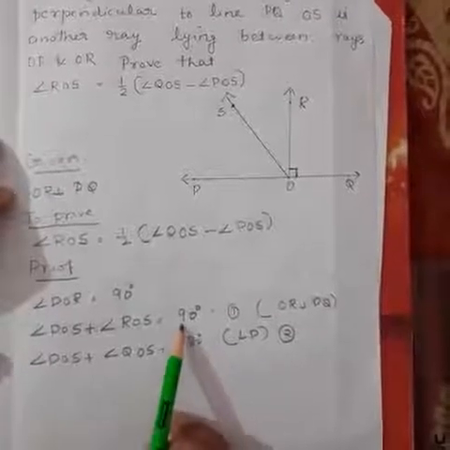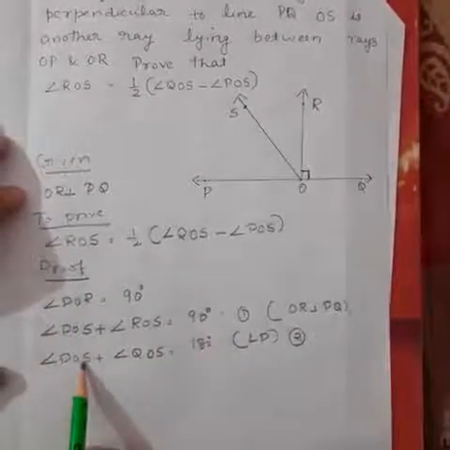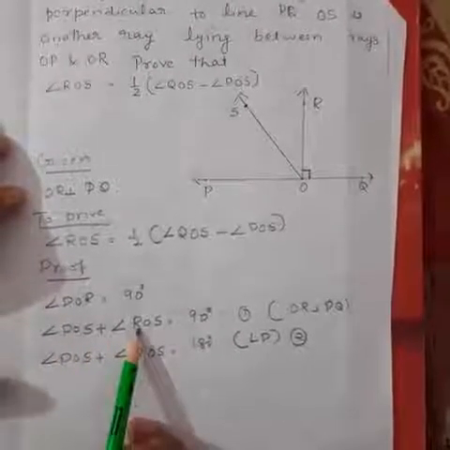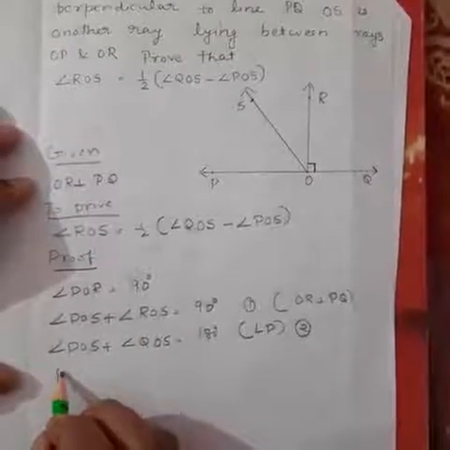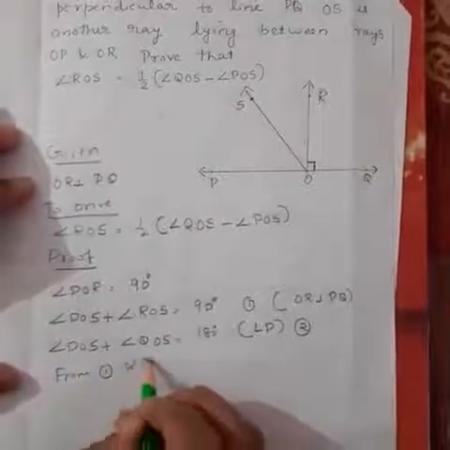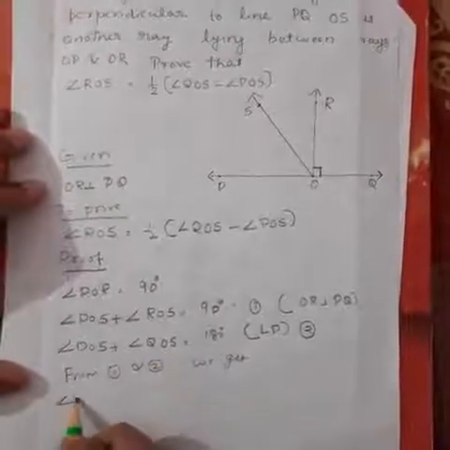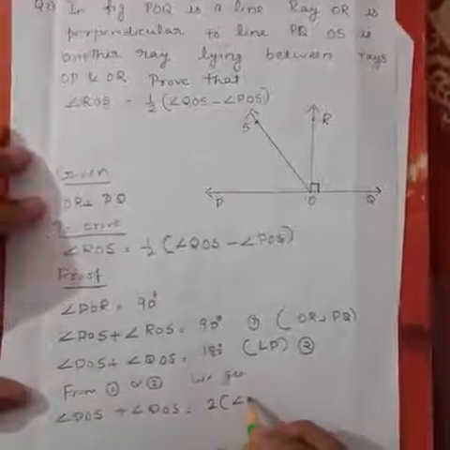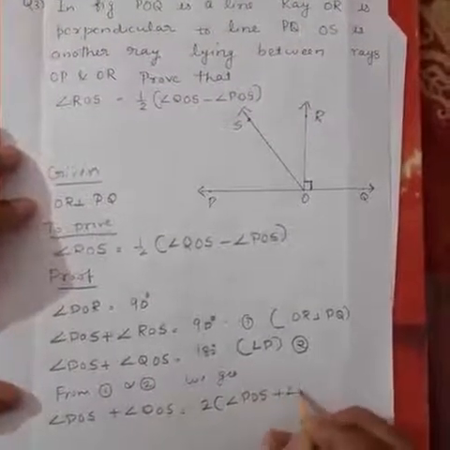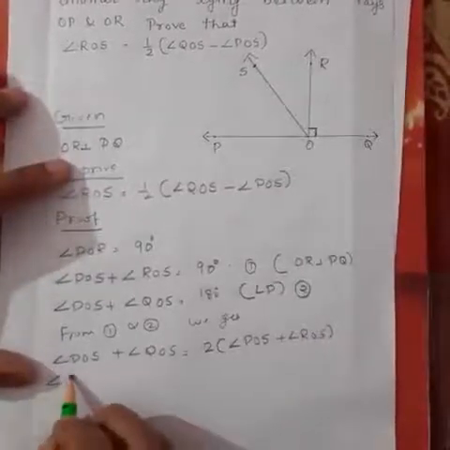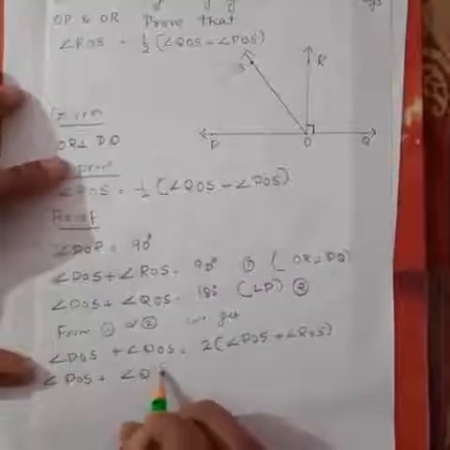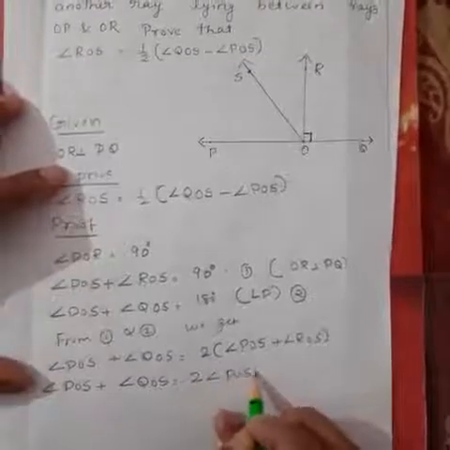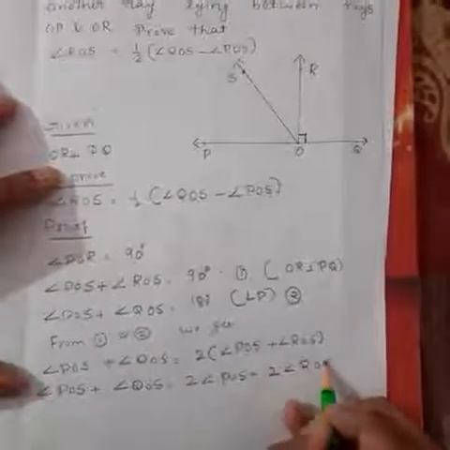Now just compare the RHS. 180 is twice of 90. Therefore, angle POS plus angle QOS is twice of angle POS plus angle ROS. So from 1 and 2 we get angle POS plus angle QOS is equal to 2 into angle POS plus angle ROS. Multiply by 2 here: 2 angle POS plus 2 into angle ROS.